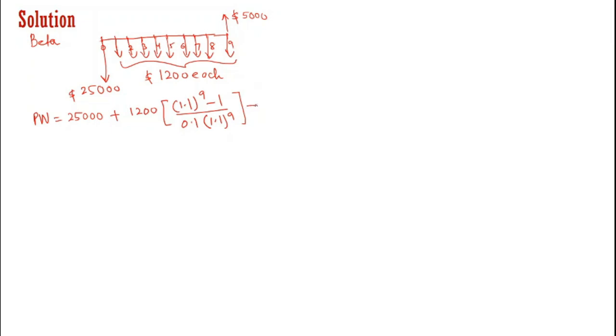So of course, this will be with a negative sign, treating this as a future worth and transferring it to the present point of time. So this will be F upon (1 plus i) to the power 9. So if I calculate this, this comes out to be $29,790. So this is for the 9-year economic life.